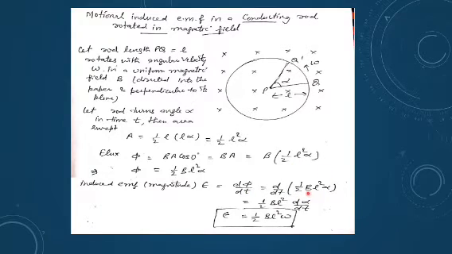Now B L square is constant and will be taken out, and d alpha by dt equals omega. So epsilon, or simply E, the induced EMF, is given by 1 by 2 B L square omega. And if they ask you to write the value of induced current, then induced current is the induced EMF divided by the resistance. In that case, the resistance of this rod should be given to you in the question.